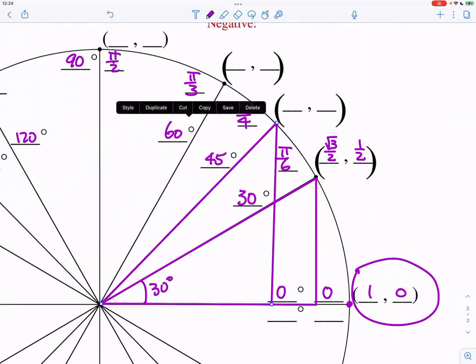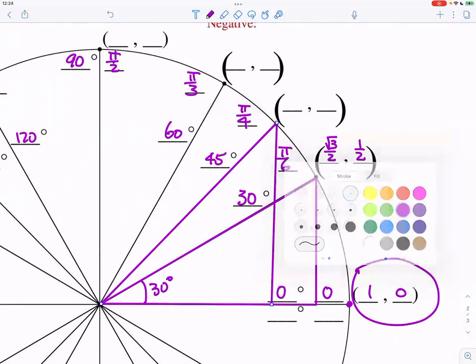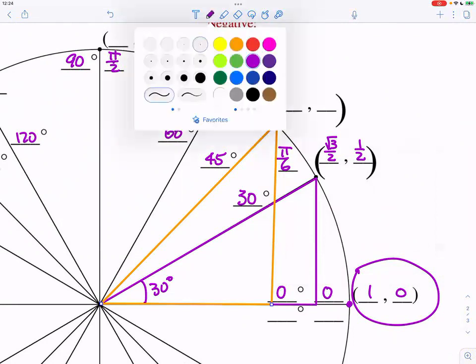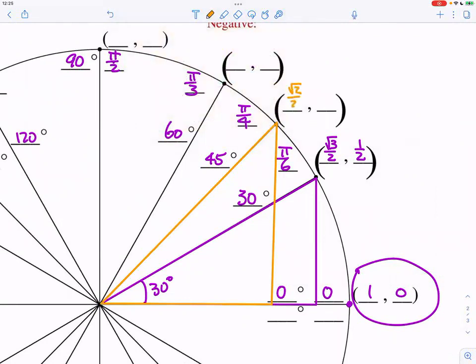Let me go ahead and change another color. So cosine of 45 is √2/2, and sine of 45 is also √2/2.